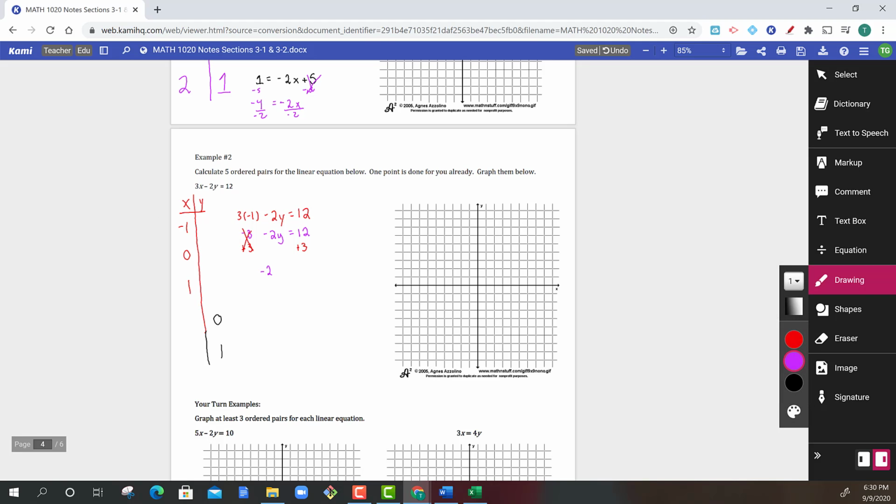They're just slightly harder to graph. So when x is -1, y is -7.5. So that would be our first point right down there.